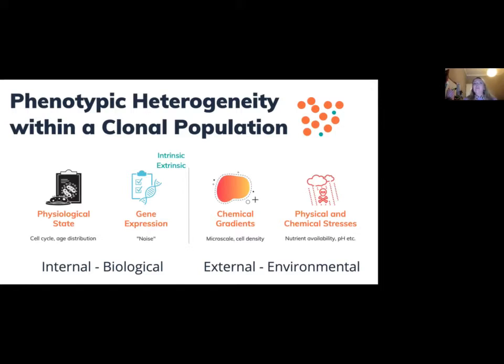Most microorganisms live in environments where nutrients are limited or vary, and cells generally respond to these fluctuations by monitoring or adapting their physiological state. And it can help them to survive short-term stresses. External factors include nutrient availability, chemical gradients, and say pH stress. And the metabolic diversity shown will highly influence growth rates.